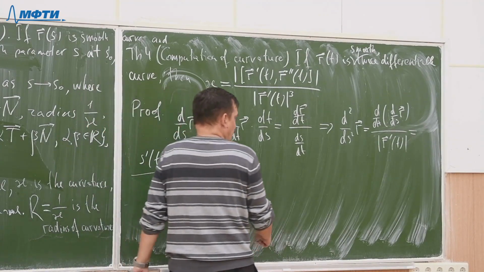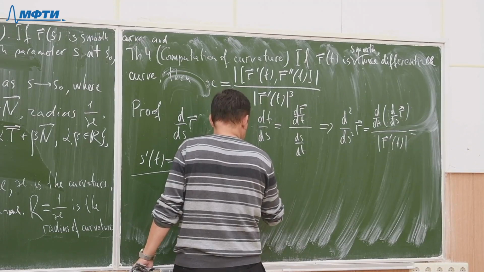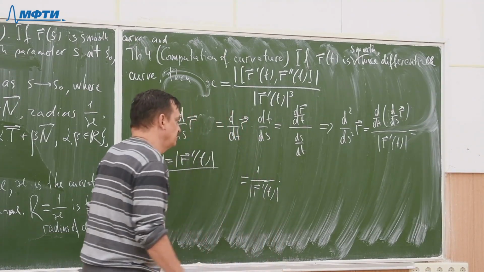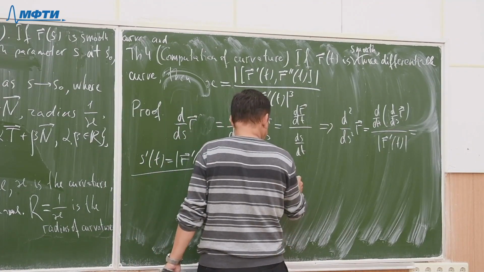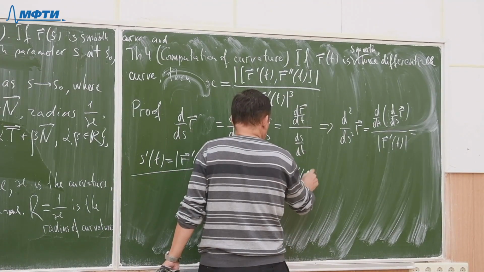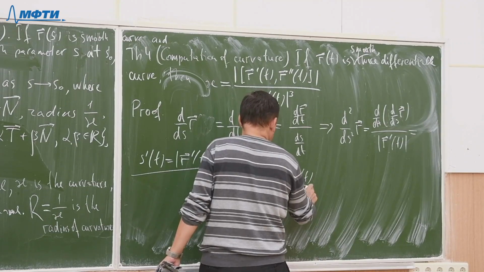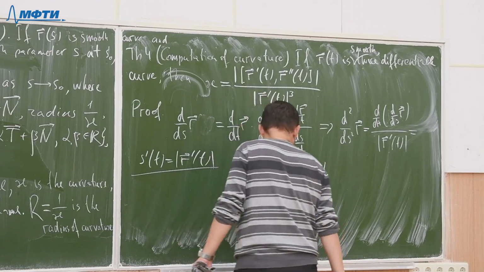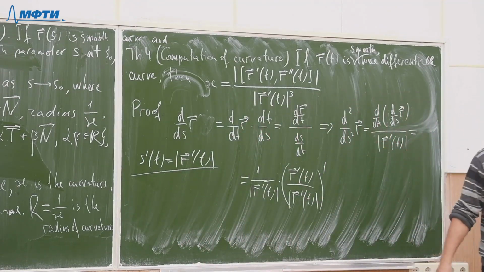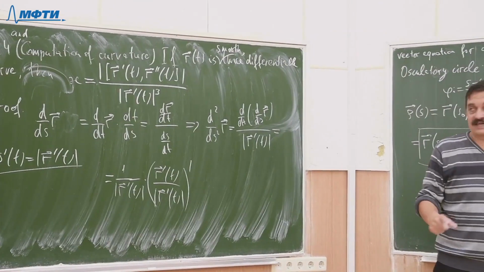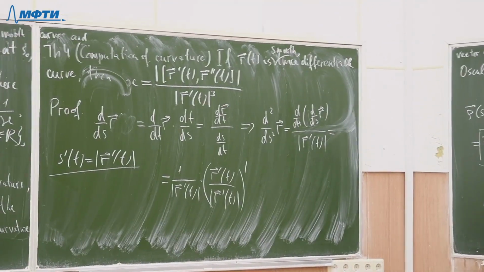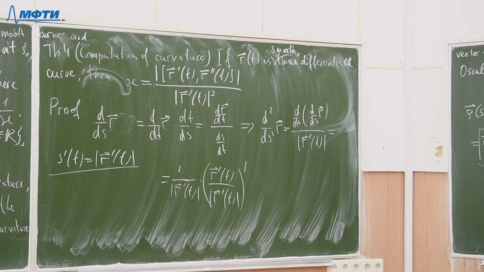So I'll write r prime of t times now the derivative of r prime of t over the length, prime. So you see, prime denotes derivative with respect to t. Derivative with respect to s is always written like that, d over ds, right? Prime is instead of derivative with respect to t.